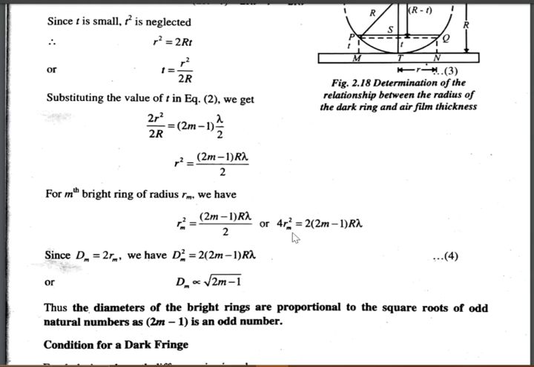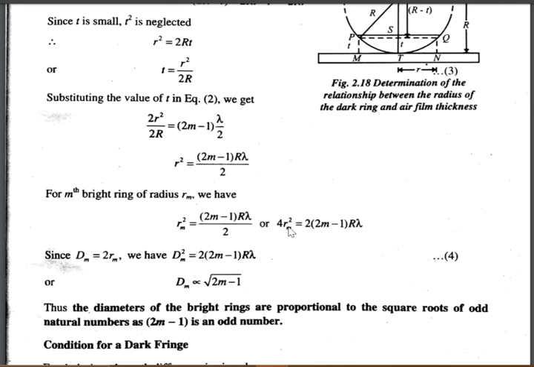If you cross multiply, we can write 4 rm square is equal to 2 into (2m minus 1) lambda by 2. Just multiply by 2 on both sides of this equation. You will get 2 rm square, and take this 2 in the denominator to the left hand side.